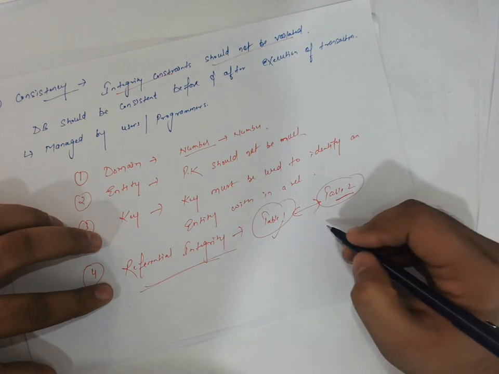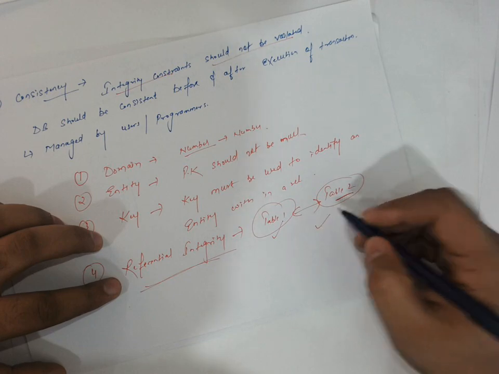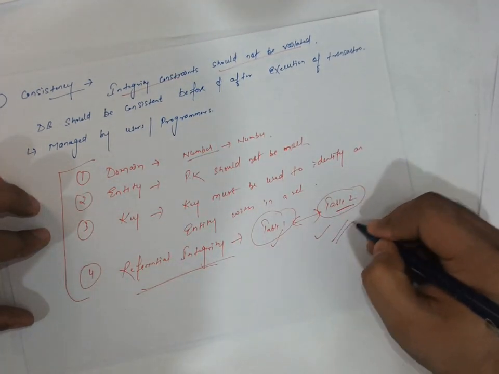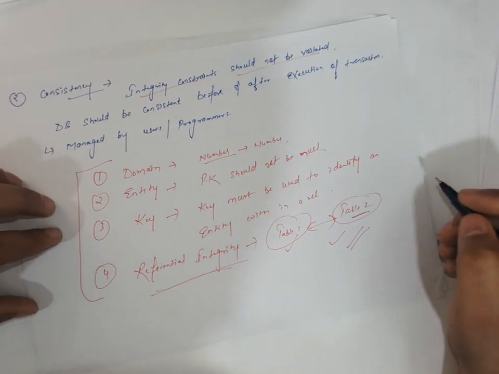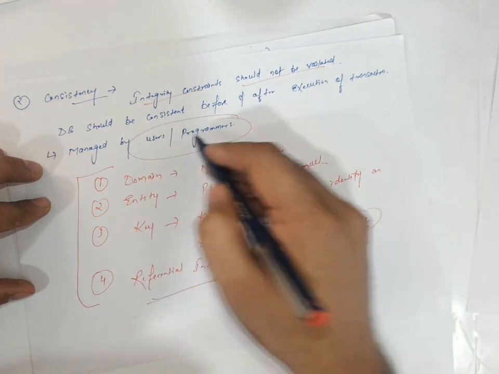This case should not be there. We should avoid the violation of the referential integrity constraint. So if we are following all these integrity constraints, then we can say your database is consistent. This property is managed by the programmers or the users only.